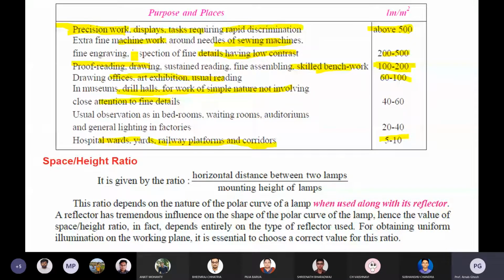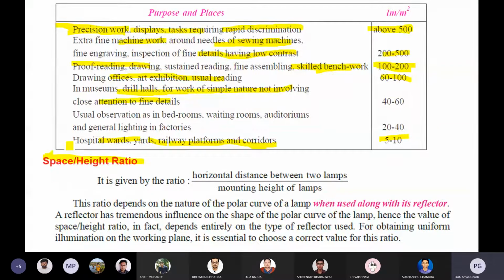Space to height ratio. Space and height ratio is for how the light is spreading. For that we have to know that ratio: the horizontal distance between two lamps, which is required for our next calculations, and the mounting height of the lamps.